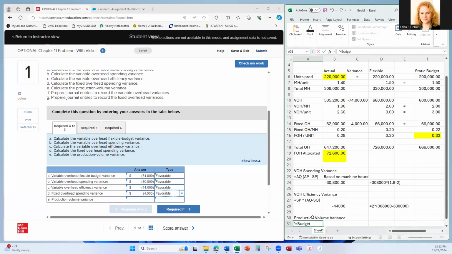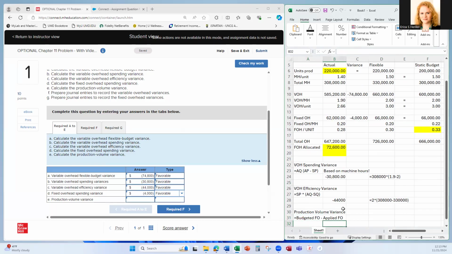So budgeted fixed overhead minus applied fixed overhead. So our budgeted fixed overhead was the 66,000 minus the amount that we applied.